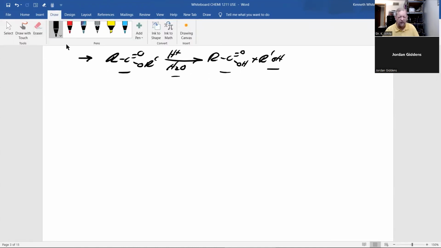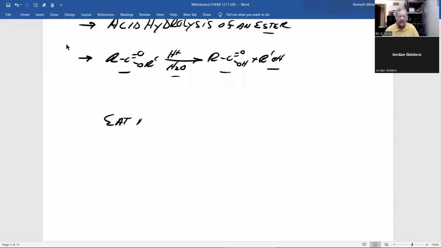Now, what happens when you eat something that's a carbohydrate? You should be able to describe what happens in your stomach with words and a general reaction. Well, there's acid and water, and we call that acid hydrolysis.